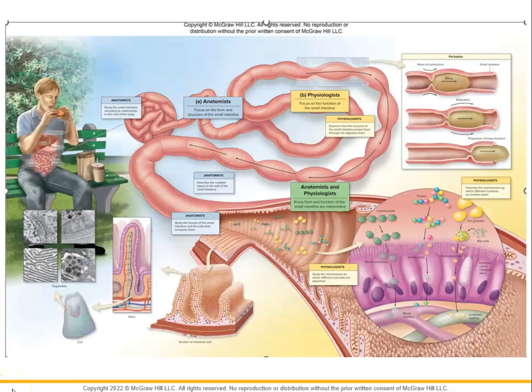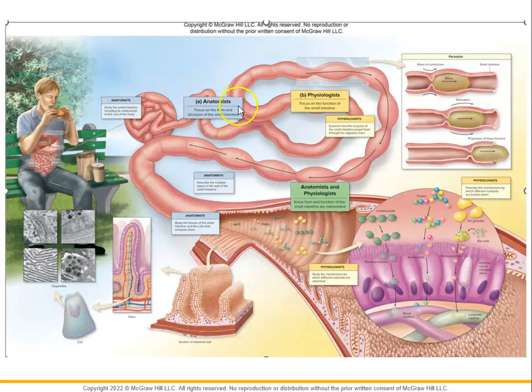This is from your textbook, and it's one of the concept overviews that spans 2 pages in each of your chapters. It compares how anatomists and physiologists would examine the same exact thing in the human body. So we're looking at the small intestine. Well, obviously the anatomists are going to focus on the form and the structure of the small intestine.